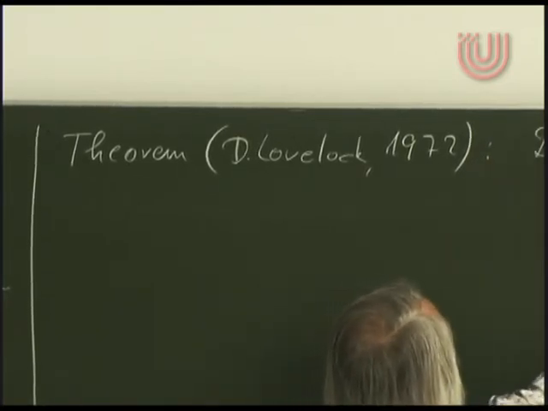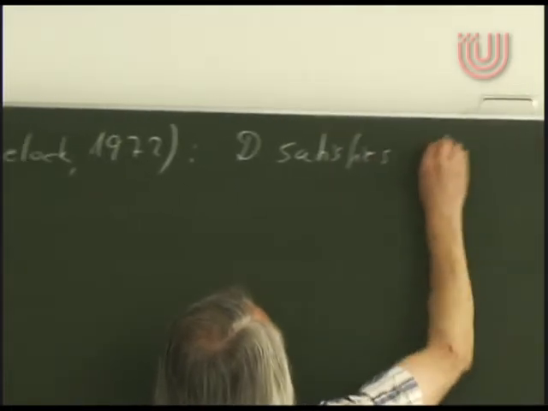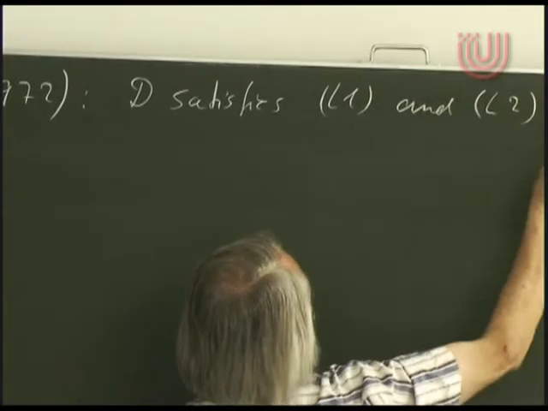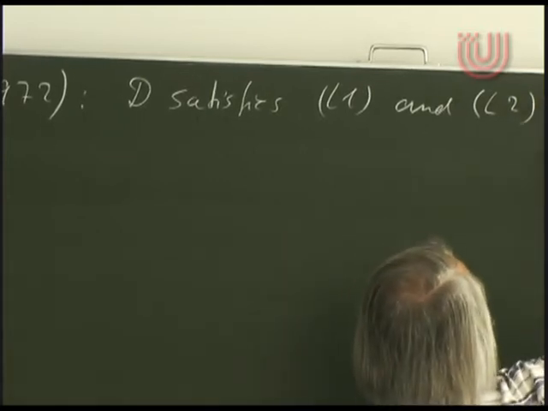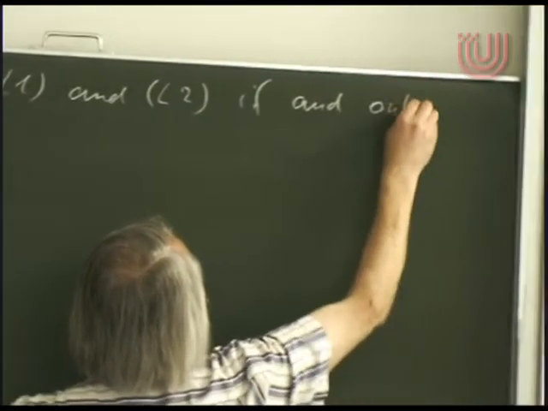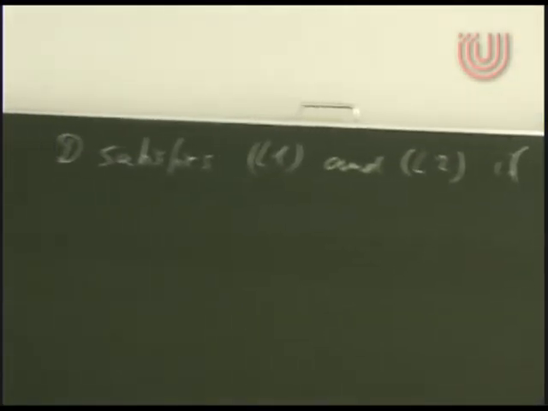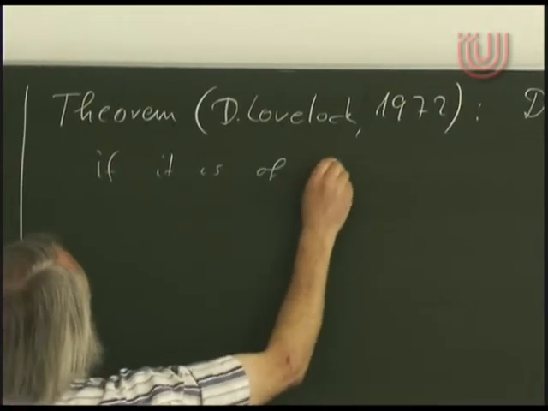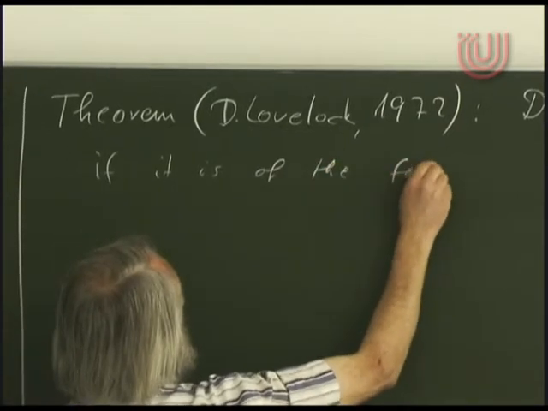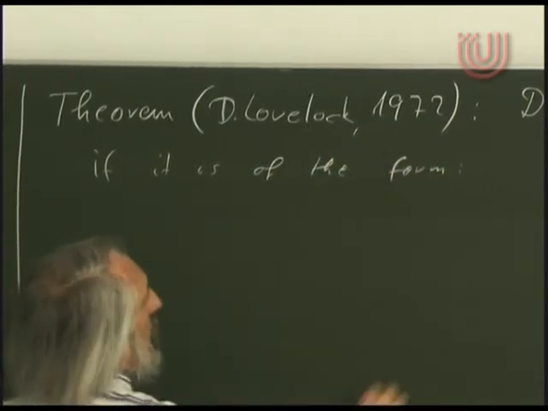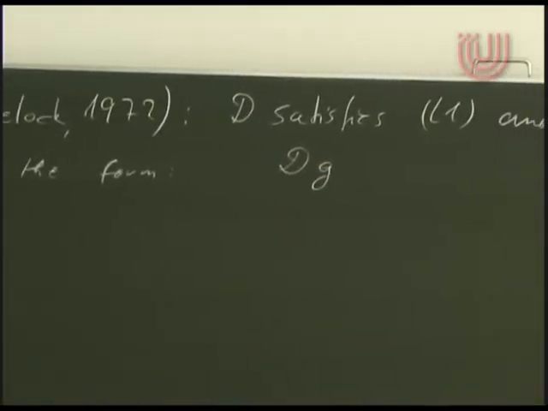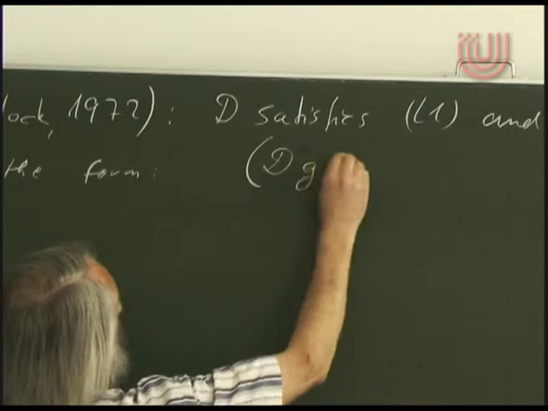D satisfies L1 and L2 if and only if it is of the following form. D g, which is something which has two indices, right?